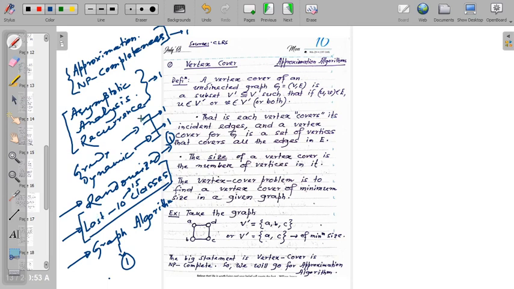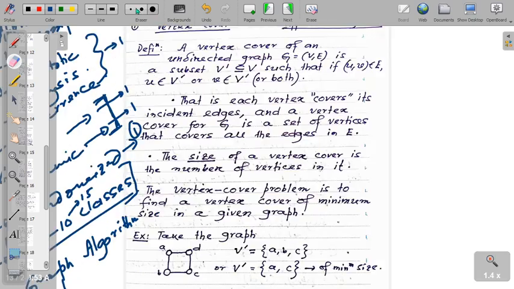And whatever is taught in greedy and dynamic programming, then NP completeness, you should study. Approximation algorithms we will be studying today.